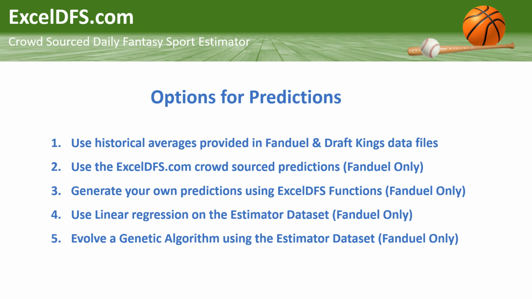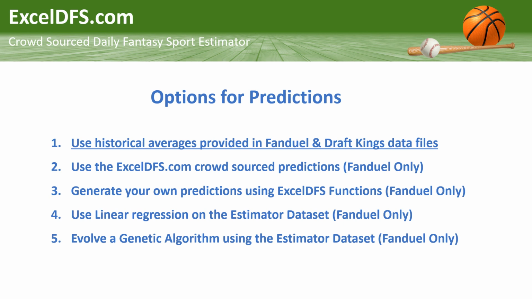So we have a number of options available in the estimator. Generally speaking, option 1, use historical averages, is a good way, as we'll prove mathematically in a future video. It's a fair way to predict, and it gets you most of the way there, and that's why FanDuel and DraftKings use that method.